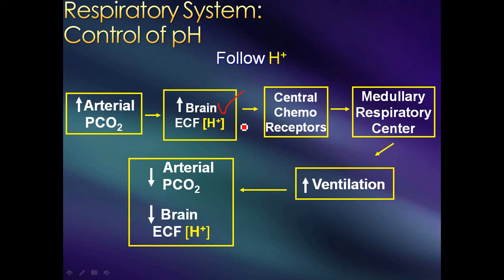In response to this increase in hydrogen ions, they stimulate the medullary rhythmicity center to increase our ventilation, or hyperventilate. In response to hyperventilation, we're blowing off all of our extra CO2, which is taking our hydrogen ions with it.